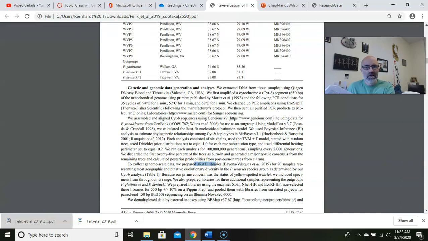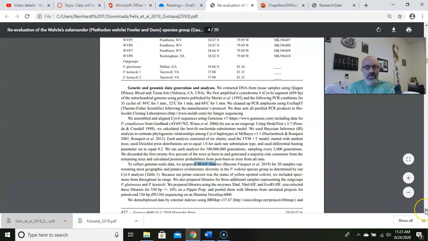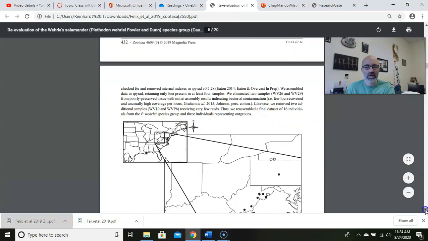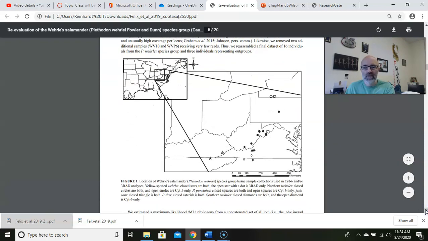I guess for me, the big thing I want you to understand there is the difference between using a single gene and using a genomic approach, the strengths and weaknesses of the two, more so than the specific details of preparing libraries. Honestly, those are the things that I am pretty vague on, and that's again why I work with experts on that. This shows, spend a little time with this figure, match it up with the collections.